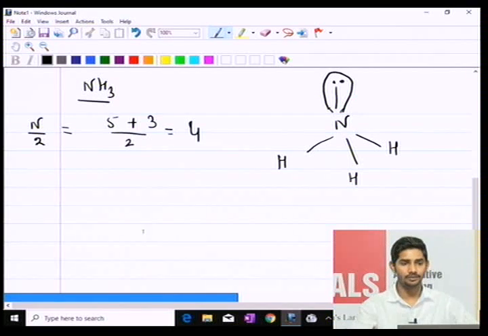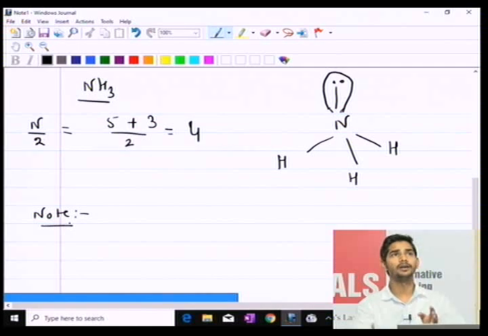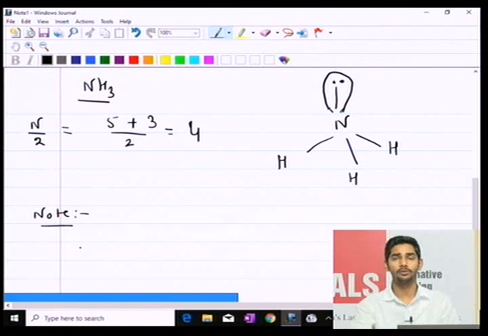And one important thing that you have to remember, I'll cover it in the bond angles again, but here I'm giving you a brief idea of how a lone pair of electrons affects the bond angle.